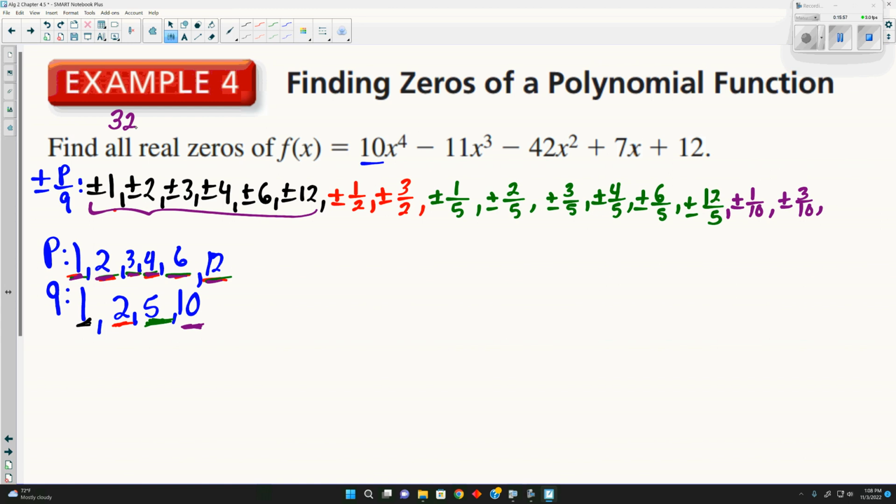No, they're irrational, yes? So it is possible for this to have irrational solutions. Will those solutions be listed here? No, because this is only possible rational zeros. So it could be, if they were very mean, none of these could work. It could mean that all 4 solutions are irrational or complex, or a combination of those two.